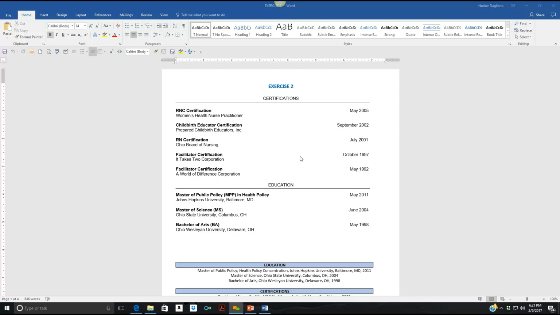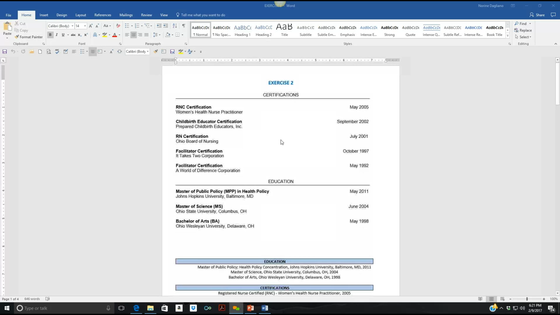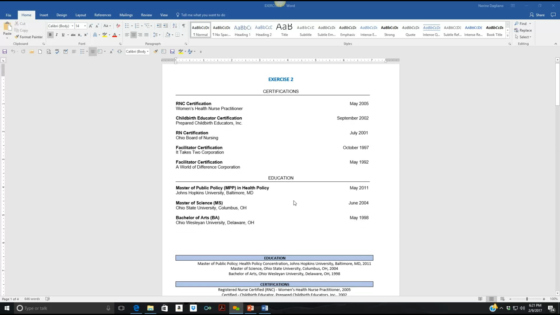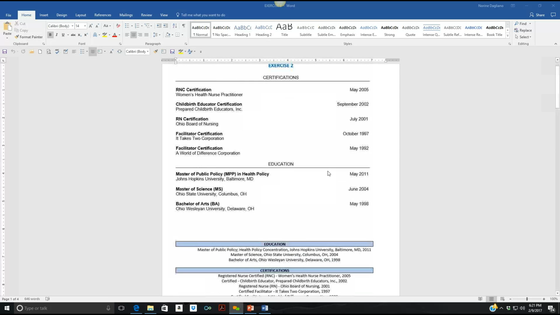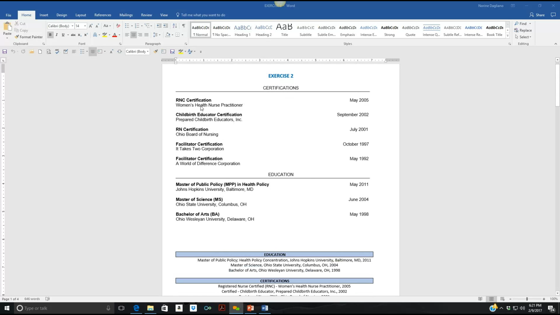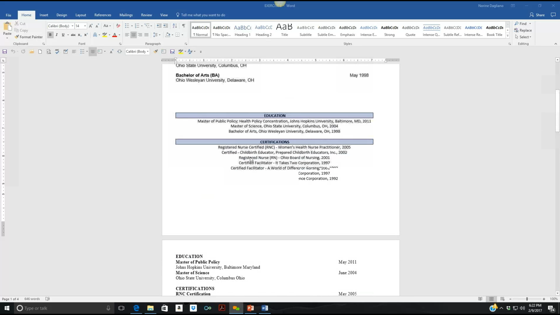Whether or not the certifications are of a higher quality than the education may depend on the position they're applying for. However, there is a good argument for putting the education first, because a master's of public policy may position the client for a higher level job than just an RNC certification. And it would have helped had we known what the client's job target was.